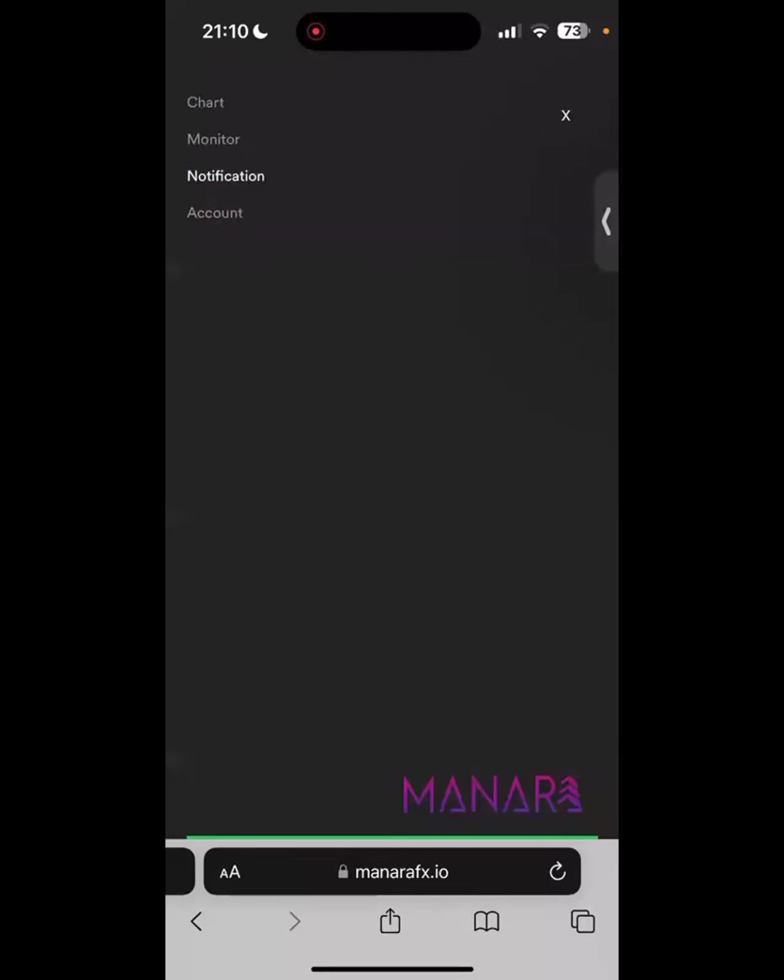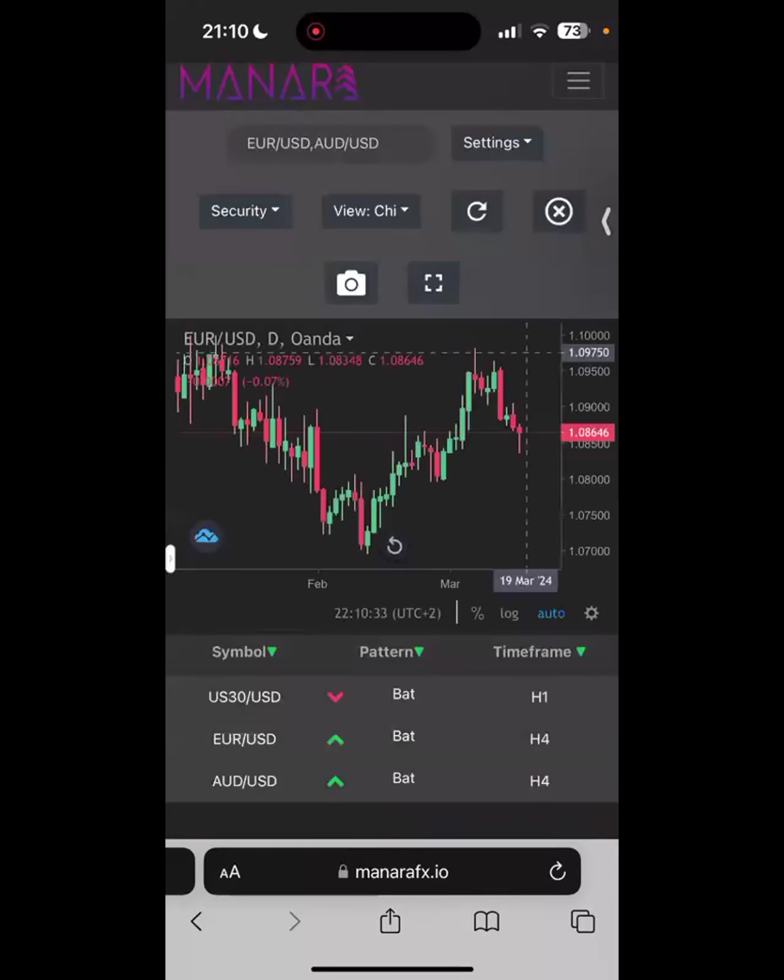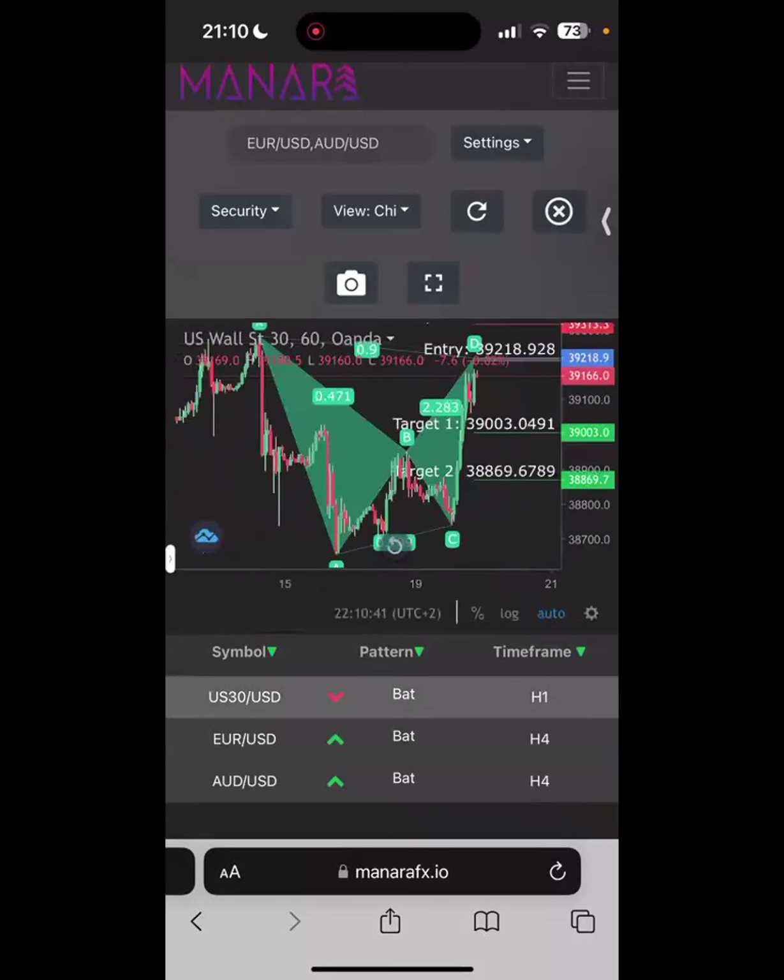And remember that, so come on, monitor. Come to monitor. So choose this US 30. Click on US 30. Can you see there's a signal already? But you don't just take signals. If you open it, flip your screen, rotate your screen, Chisom.